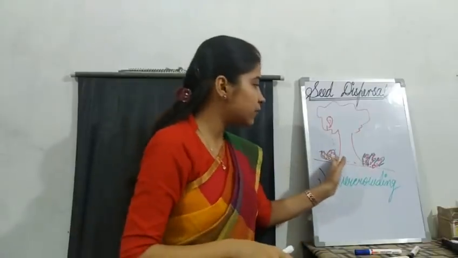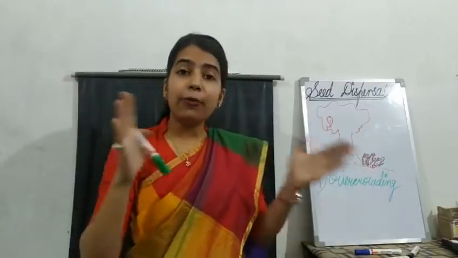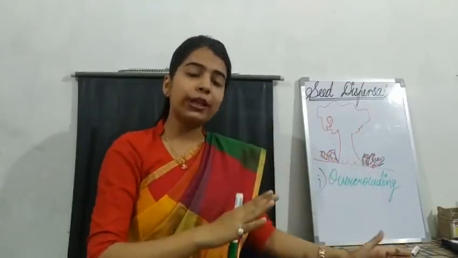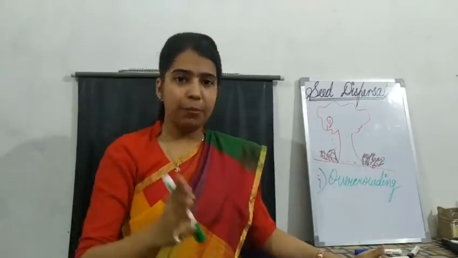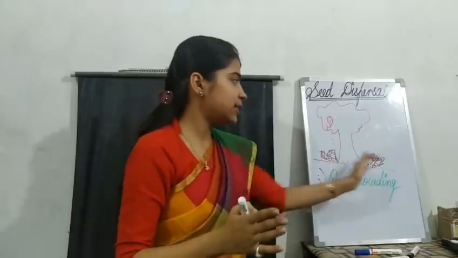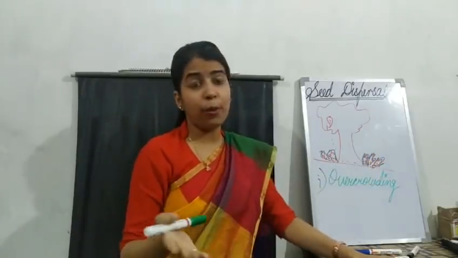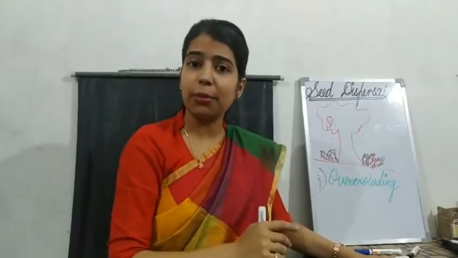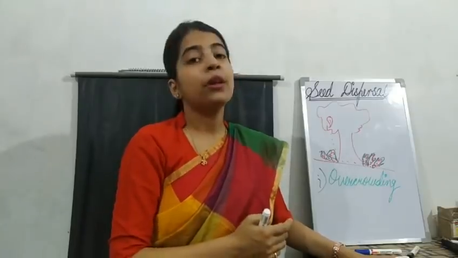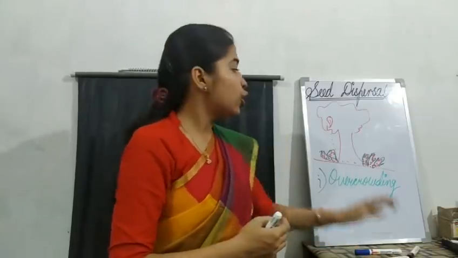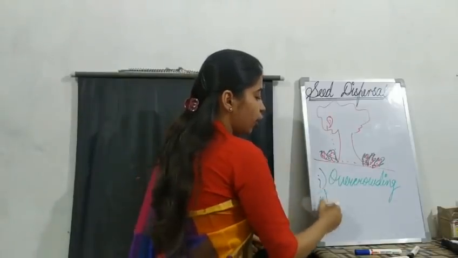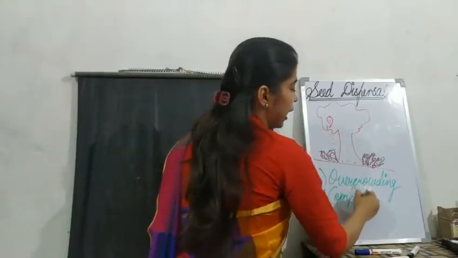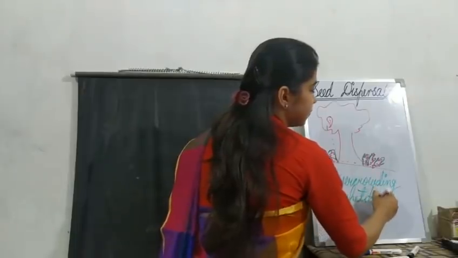Many seeds will be there, so the seeds won't get sufficient amount of water and minerals. It won't be possible for all the seeds to get sufficient amount of water and minerals from the soil. So the second condition that will arise is competition for water and minerals among the seeds.